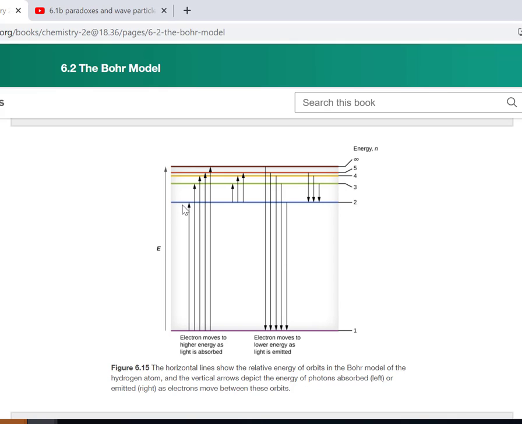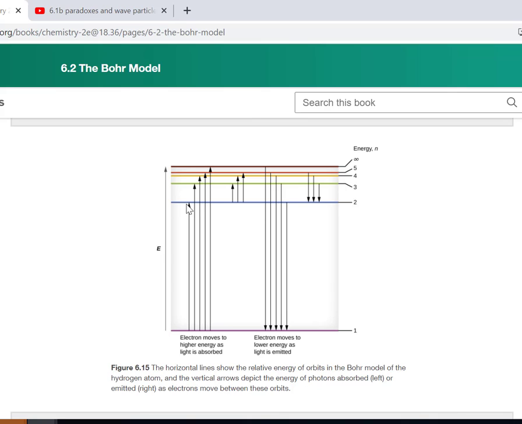What is key here is to realize that they can only absorb an amount of energy that gets them at least this high. If the energy is somewhere in here, there is not a 1.5 energy level. It has to go from here all the way up to here. Think of it kind of like walking up a staircase: you don't step halfway between stairs.